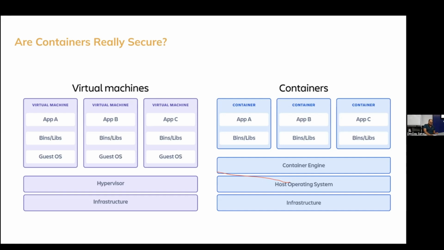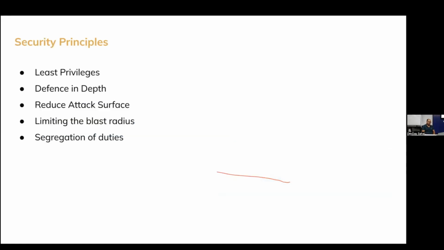Okay, next one. These are the security principles that are referred to or applied in container security. The first one is least privilege: give only the privileges that are required.